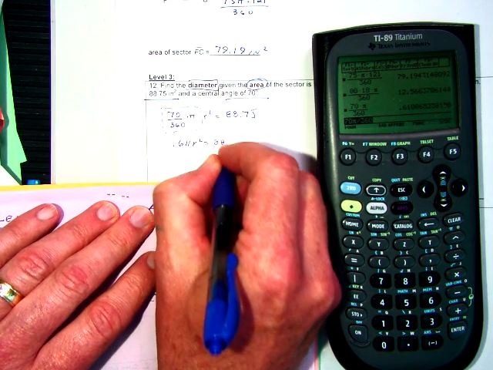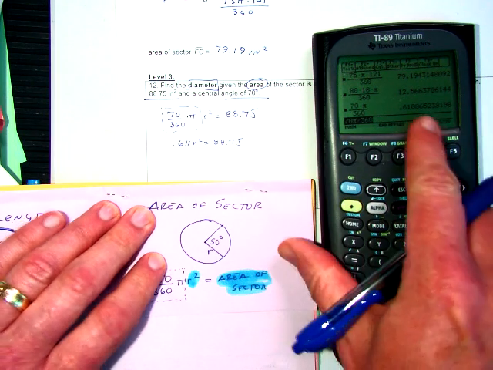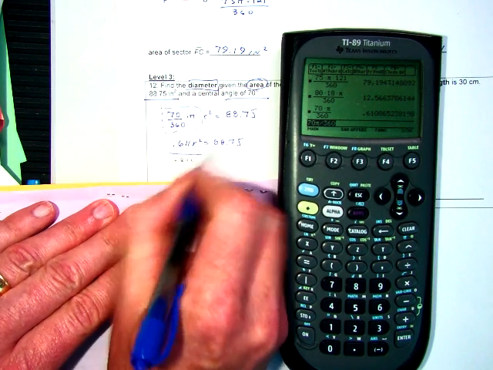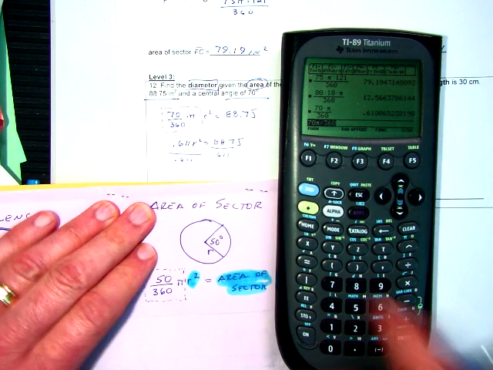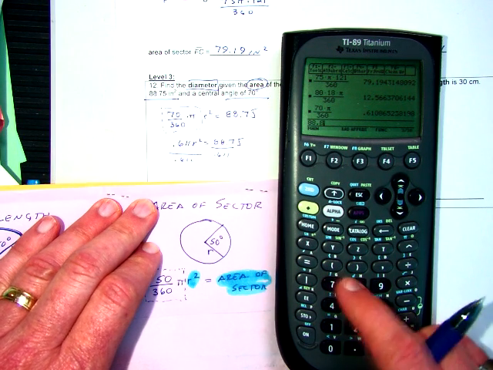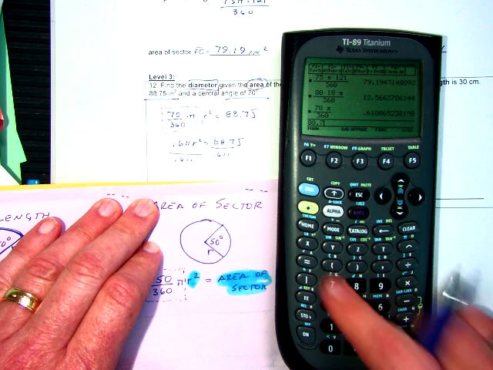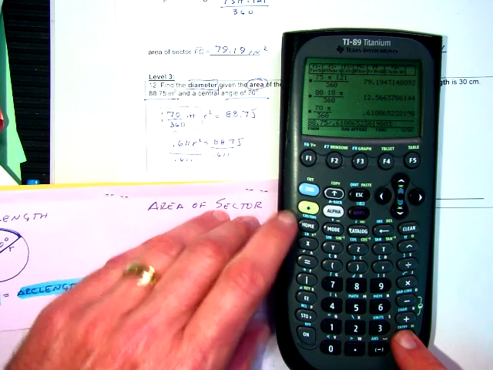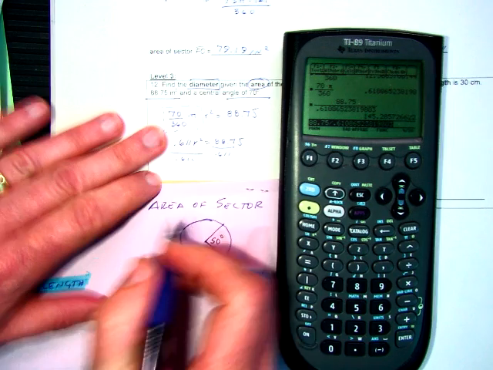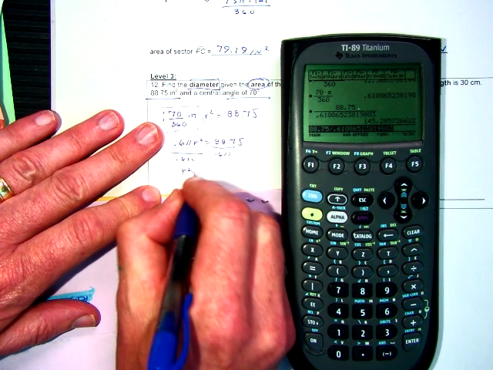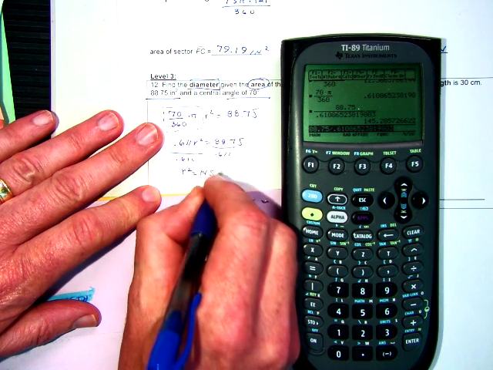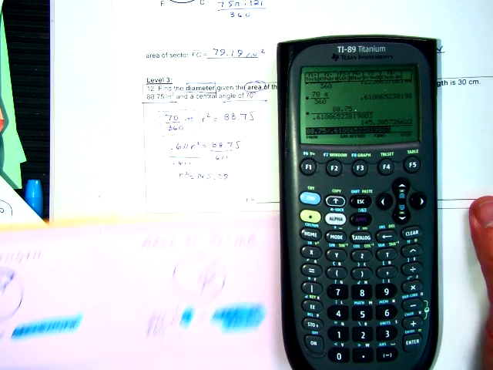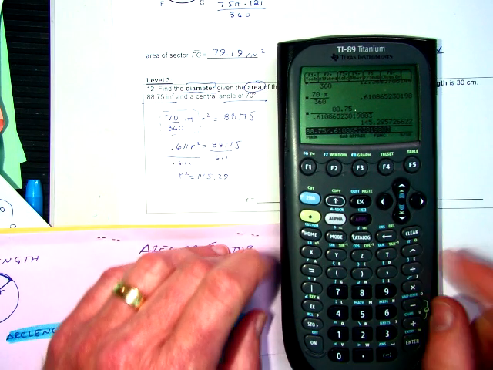Now I'm going to use the whole thing here. I need to divide both sides by 0.611. So I'm going to do 88.75 divided by, I'm going to go up and grab it so I don't have any rounding error, and I get r squared is 145.29. But I need to find the radius next, so I need to take the square root of that.